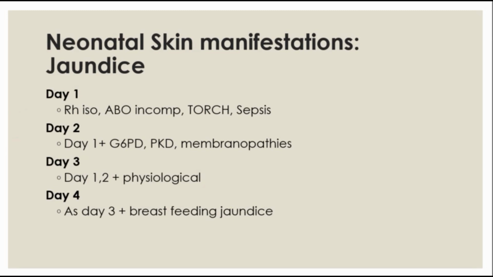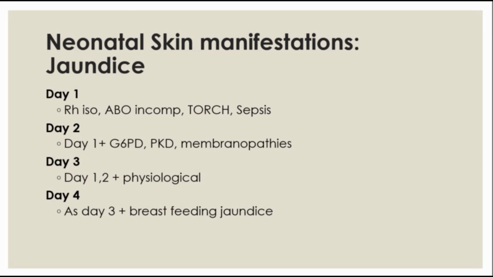The causes of neonatal jaundice can be investigated based on what day it begins. So on day 1, it can be caused by rhesus isoimmunization, ABO incompatibility, and or TORCH infections or sepsis. TORCH infections usually are got intrauterine. On day 2 can be day 1 or G6PD deficiency or pyruvate kinase deficiency, PKD, not polycystic kidney disease.